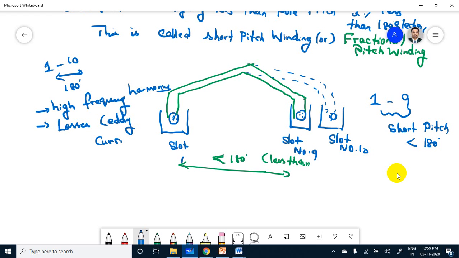Because these losses are reduced, we can improve the efficiency. To improve the efficiency only, we go for this short pitch winding arrangement. Any doubt?